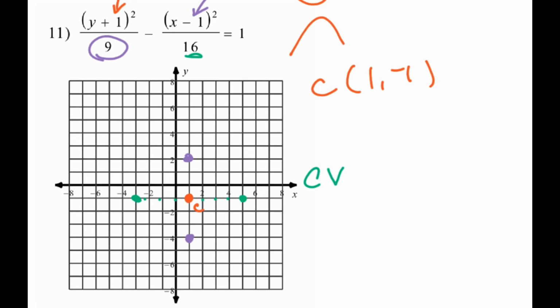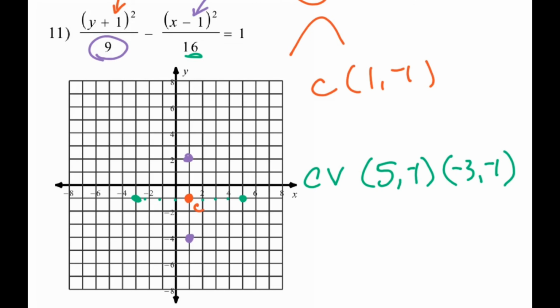Okay, so my conjugate vertices start at 1, and we go plus, wait, hold on, 1 plus 4, I do know that one, it's 5, and then down 1. And then 1 minus 4 is negative 3, and then down 1. So don't write 1 plus 4, because you know what that is.